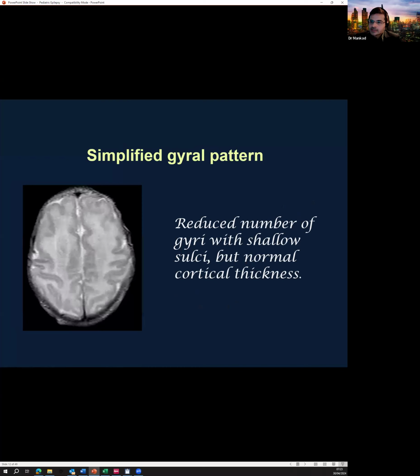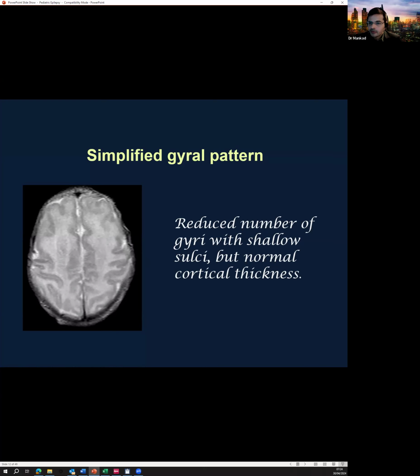The next term is a simplified gyral pattern, and you will use this term where the cortical thickness appears normal, but there is a reduction in the number of gyri and there are some shallow sulci. So it's a bit like this is not a fully sulcated brain.